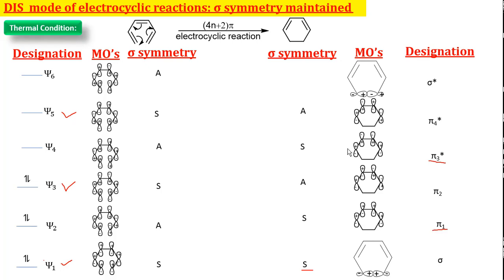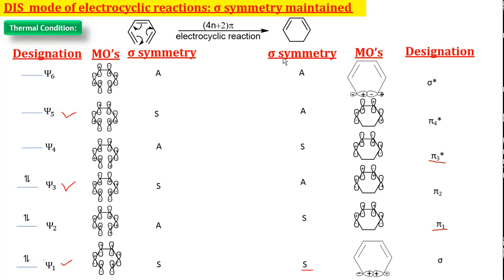I will explain later how odd numbers are symmetric and even numbers are asymmetric, and also for C2 symmetry how even numbers are symmetric and odd numbers are asymmetric. Okay, sigma star is asymmetric with respect to sigma symmetry.